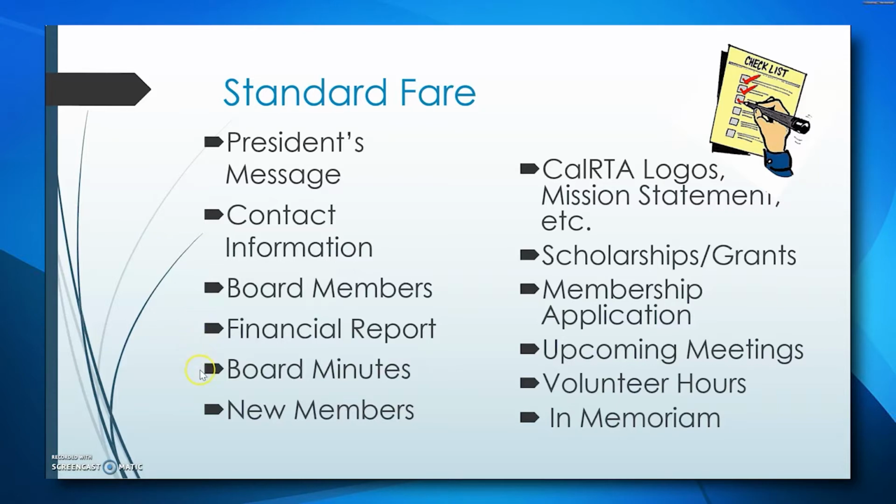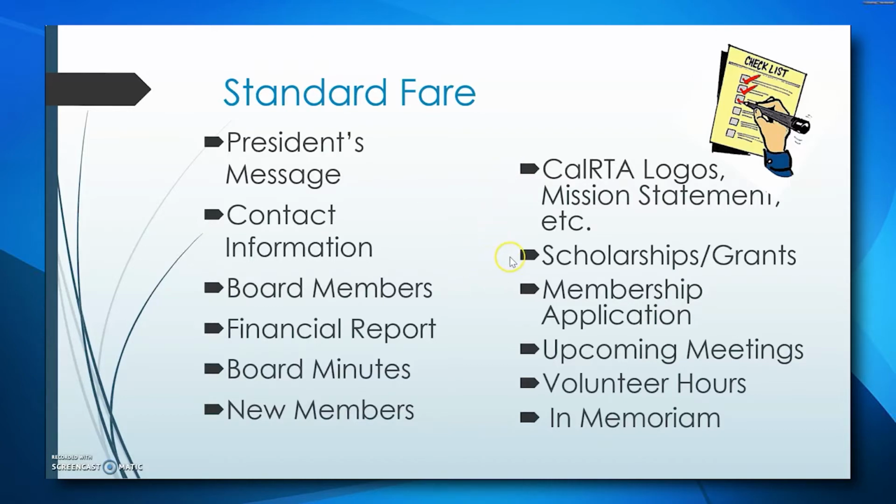Sometimes a link to these documents is included in place of the actual report. A list of new members is also fun to read, and it indicates the success in recruitment on behalf of the division. CalRTA logos, mission statement, statement of purpose, those should be sprinkled throughout the newsletter.